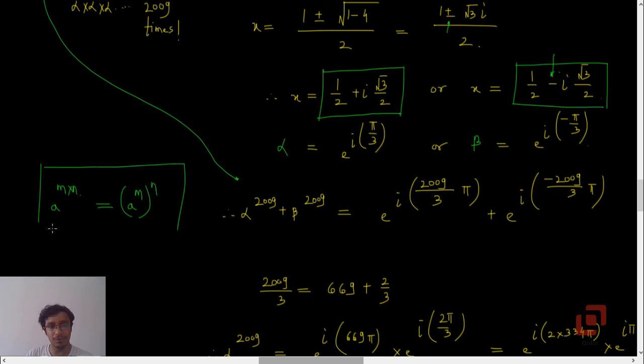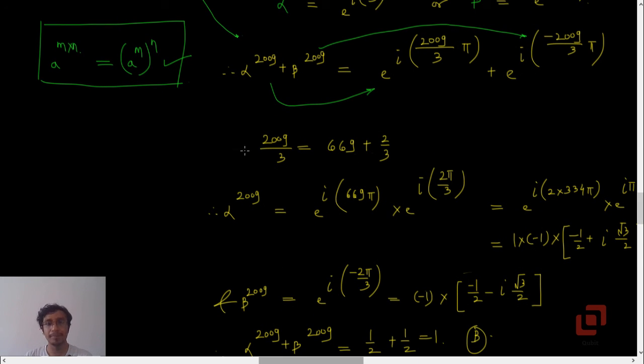A very useful law. So using this law, we may write alpha raised to 2009 as e to the power i 2009 upon 3 pi, and we may write beta raised to 2009 as e to the power i into minus 2009 upon 3 pi. Using the exponents or the powers, the sum will get simplified.